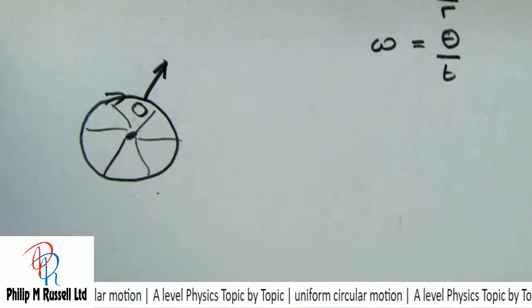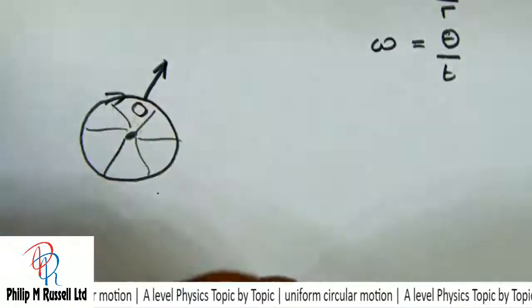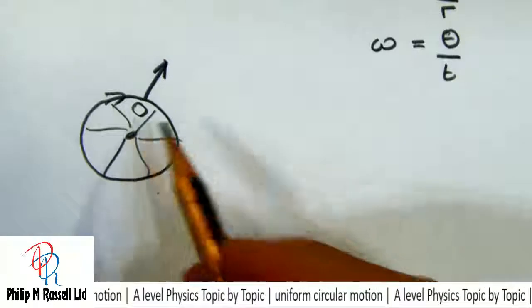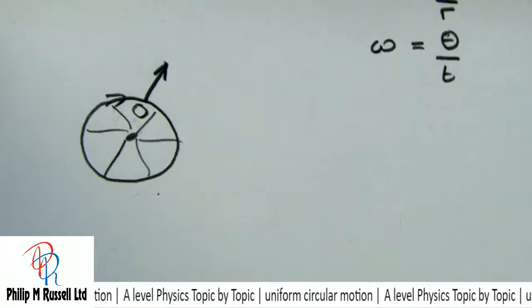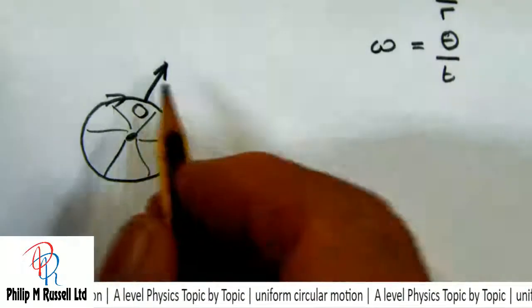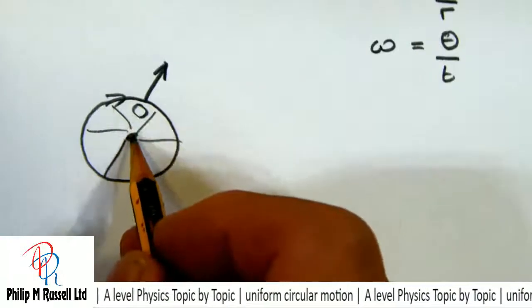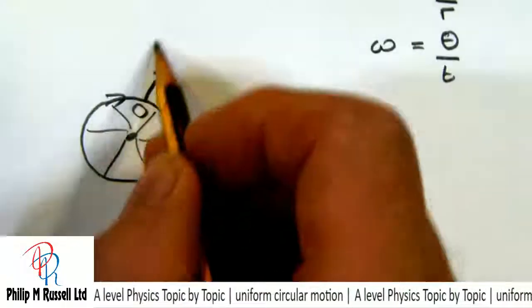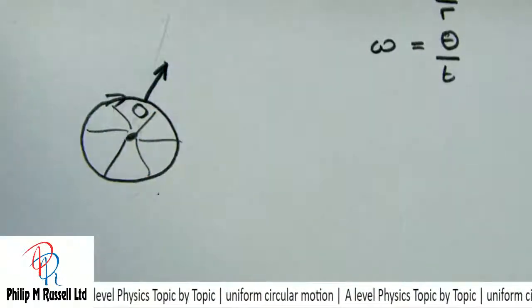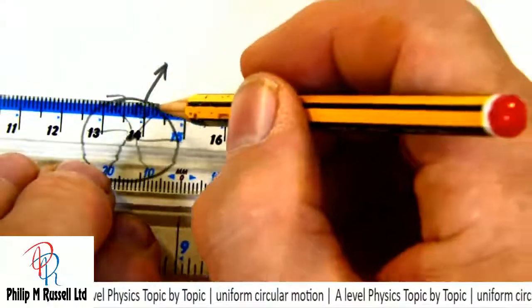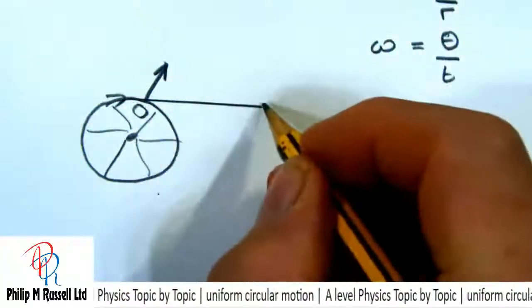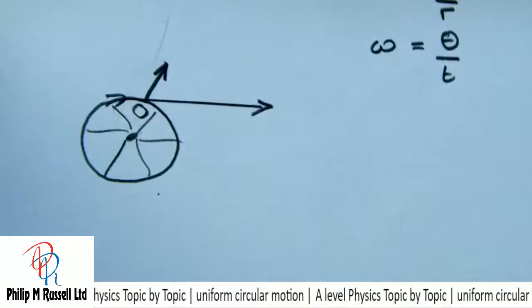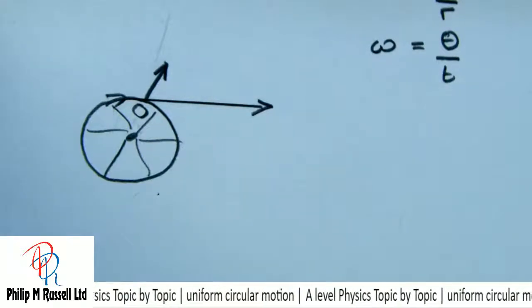You see, if you actually try the physics and you literally get off of this roundabout, then you won't go off at 90 degrees here, but instead you would carry on in the direction you were travelling, and you go off in that direction.